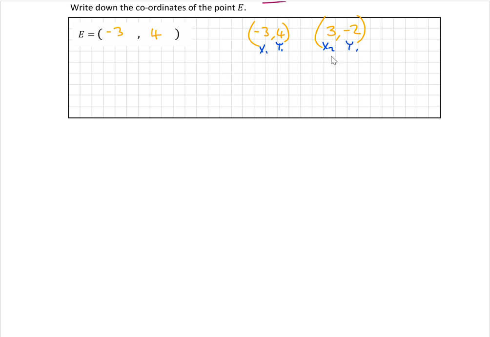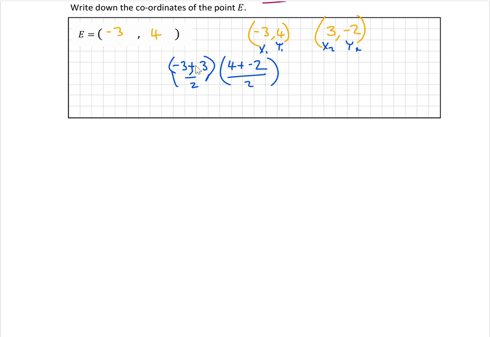So the formula says x1 plus x2, so this is minus 3 plus 3, divided by 2. So that's the first part. And the second part is minus 2 plus 4, but that's my 2 there, divided by 2.